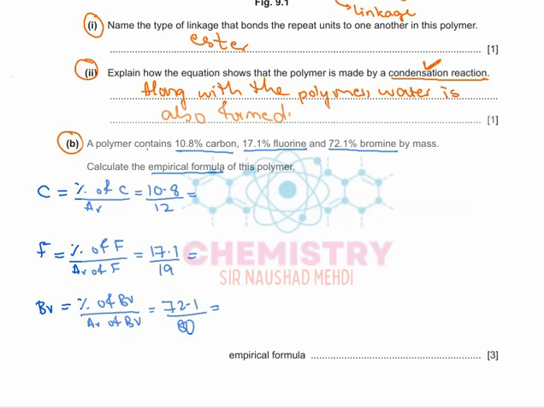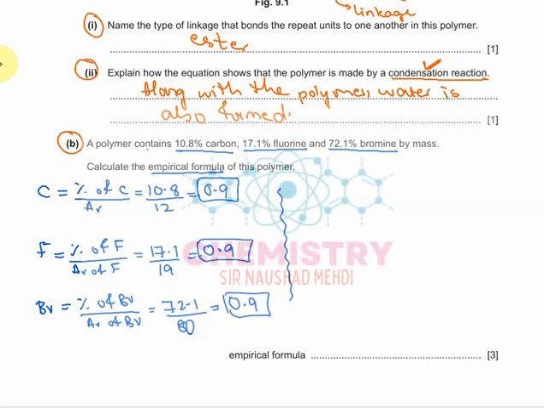Now you have to solve it in the calculator. 10.8 divided by 12, you will be getting 0.9. If you divide 17.1 by 19, you are getting 0.9 again, and 72.1 divided by 80, again you are getting 0.9. So this was the first step.